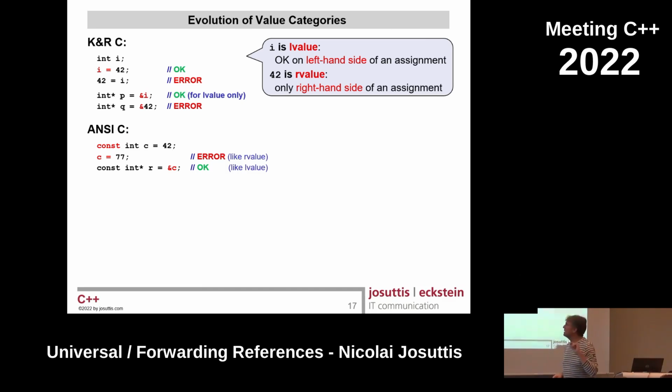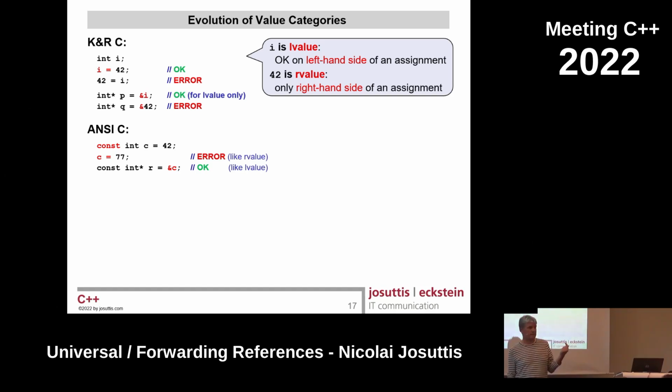So when I now formulate the rule, should I say this is an L value, or an R value? What is the category of this? And that was the moment where they said, okay, wait a minute. Most of the things can still be done, but one thing can no longer be done: to be on the left-hand side of an assignment.